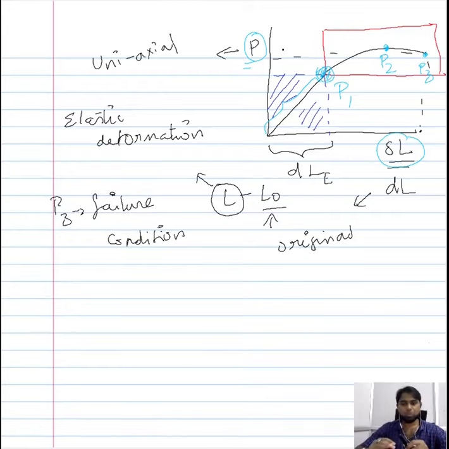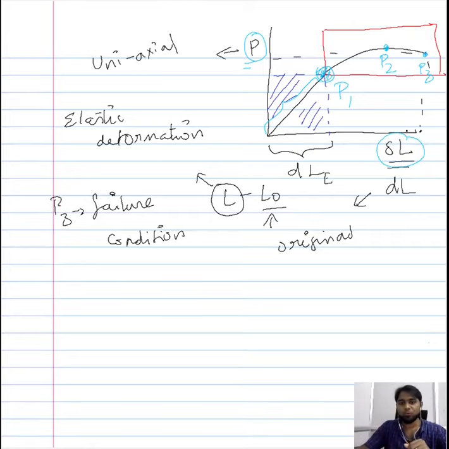Now, even though we began by considering load and deformation, we saw that load and deformation is specific to the dimensions of the material, and when you want to report the mechanical behavior of the material, if it is dependent on the dimension of the specimen that you take, it is really difficult for you to express it in an objective manner.